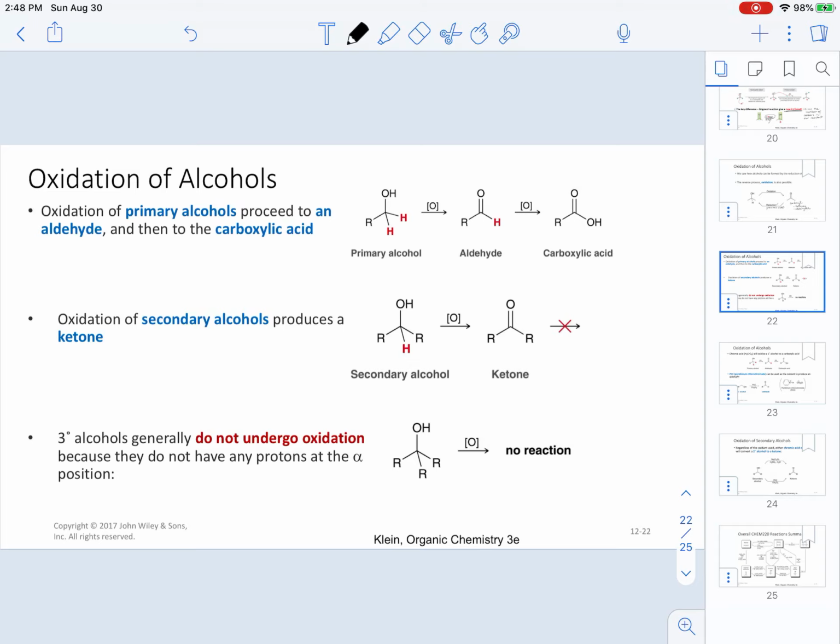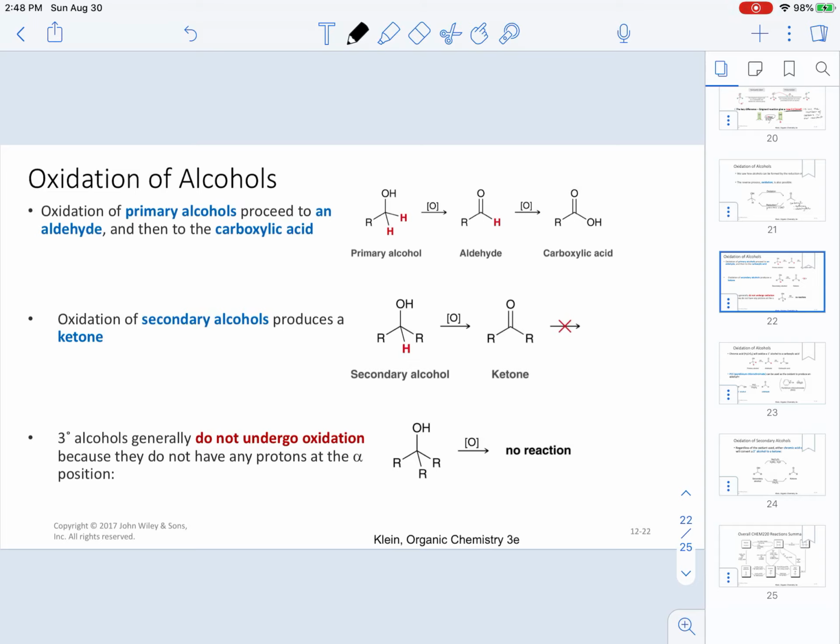So let's observe what happens when chromic acid actually reacts with a particular alcohol. Let's say that, for example, we have a primary alcohol. If we react it with H2CrO4, in other words, chromic acid, understand that at first that primary alcohol will form an aldehyde.